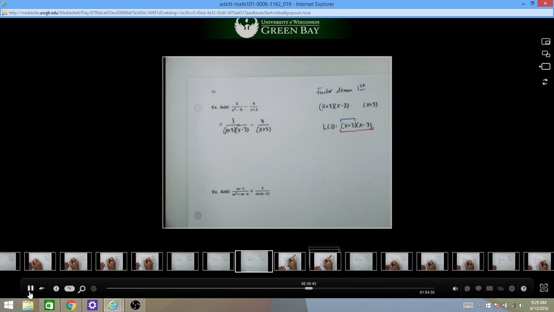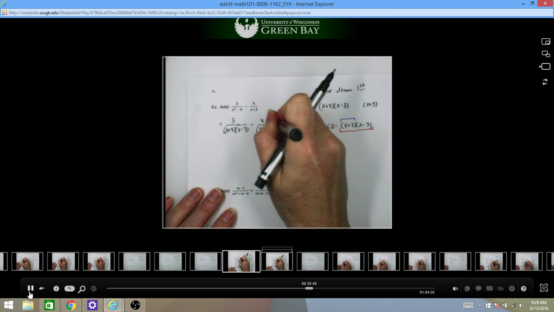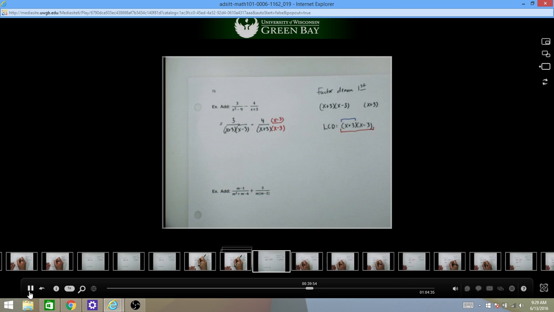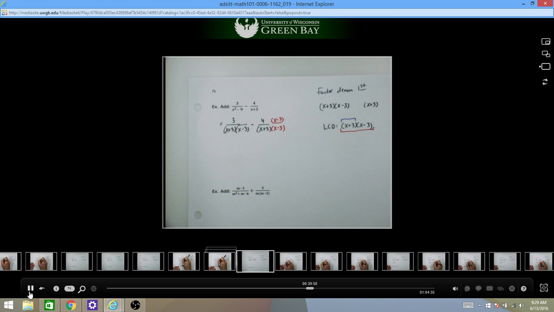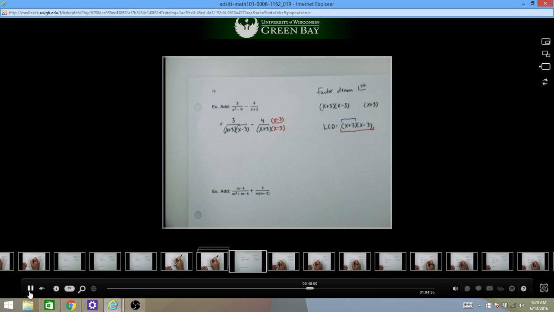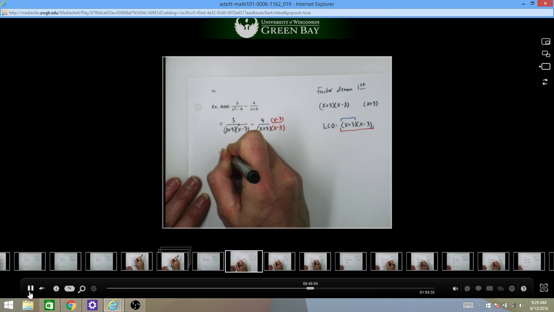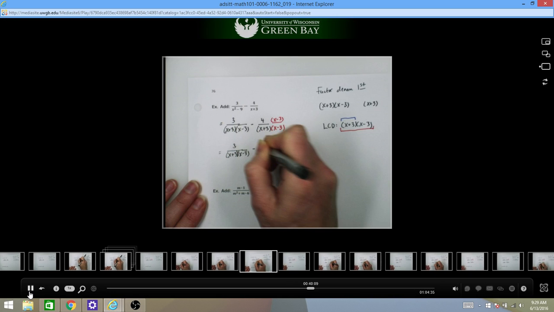So we need the x minus 3. So we have 3 over x plus 3 times x minus 3. And then I'll multiply out the numerators.